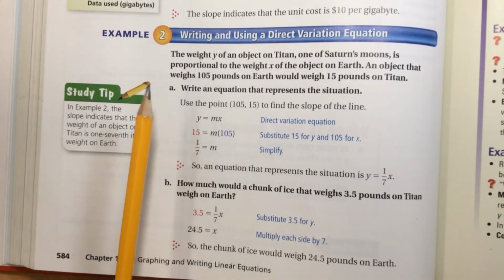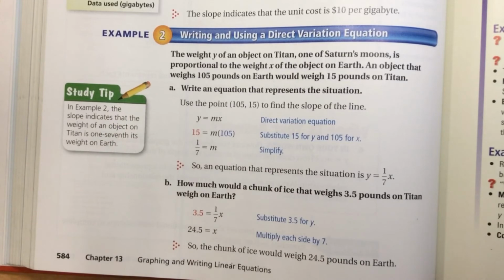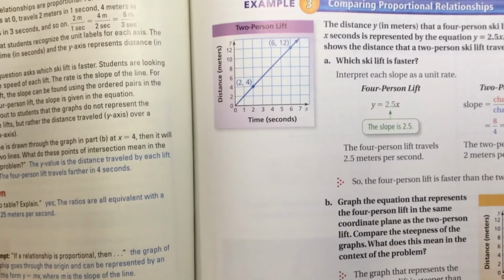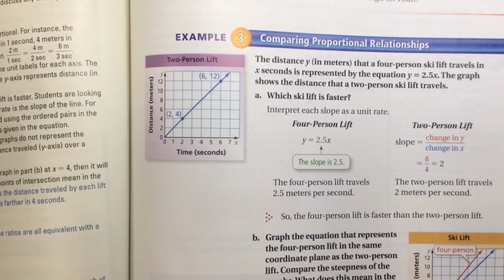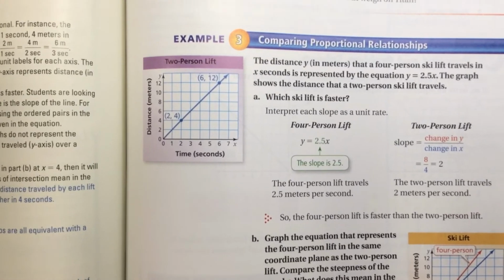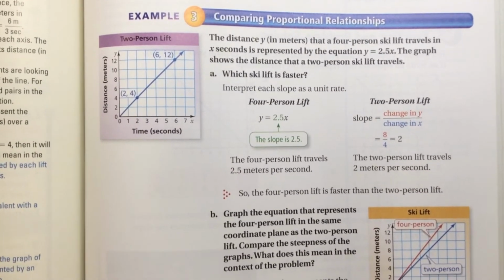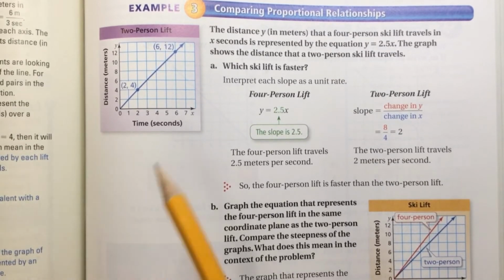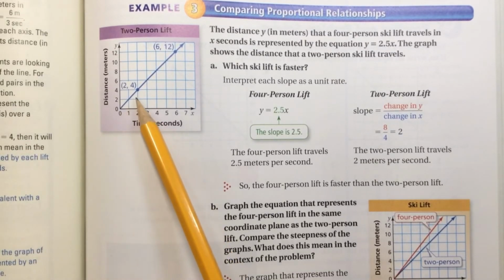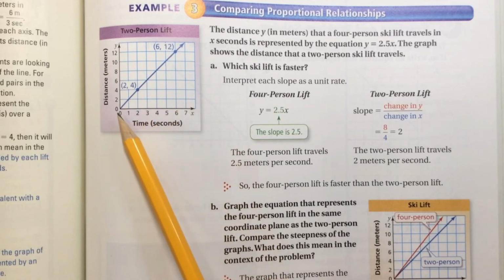And then it says, let's skip to the next one. Comparing proportional relationships. We did this earlier in the year as well. So here they show a graph of a 2-person chairlift at a ski resort.